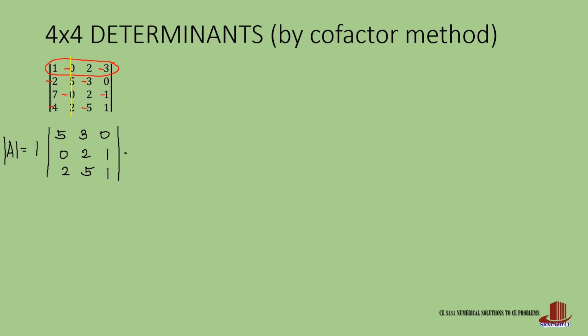So we can have it as minus 0. And that would make our solution shorter. Following it with our plus 2. With the cofactors having 2, 5, 0, 7, 0, 1, and 4, 2, 1.